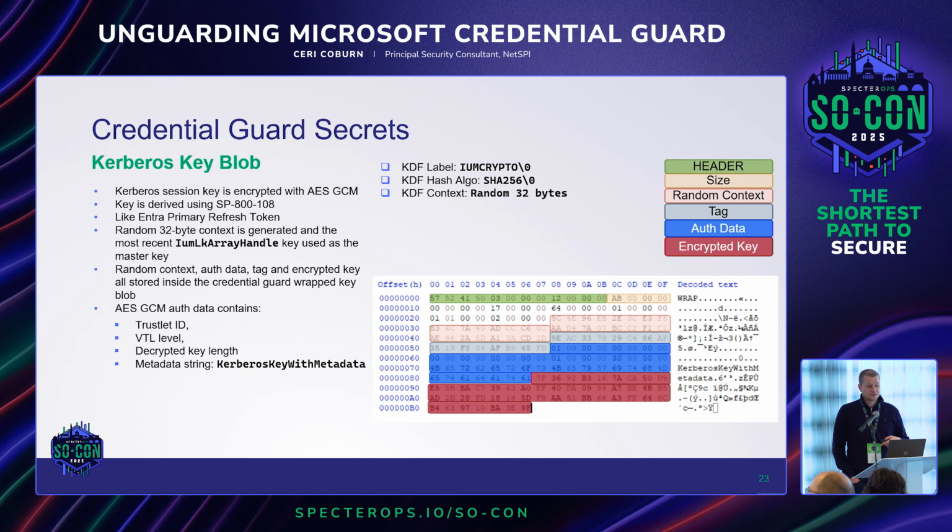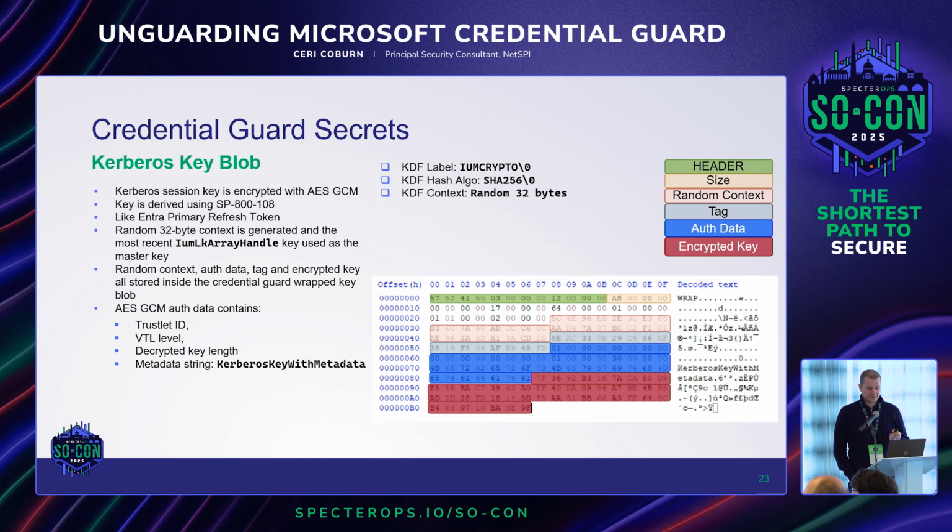So what actually happens when the LSASS trustlet wants to encrypt some protected data, it offloads that to the secure kernel, but it generates this random context as part of that process. And then a new key will be generated for protecting that particular TGT session key, for example.